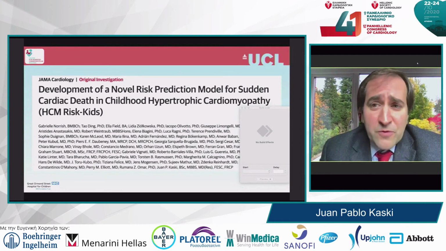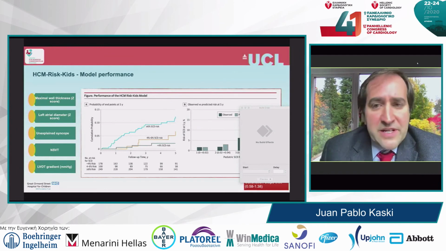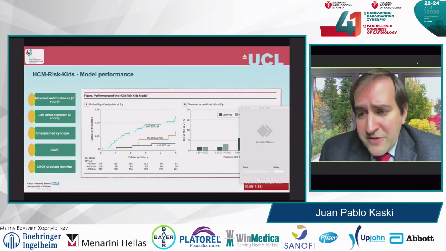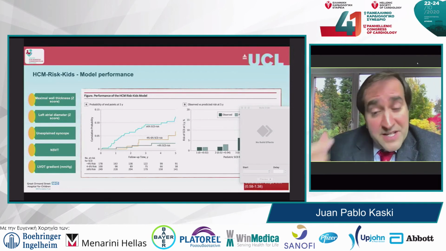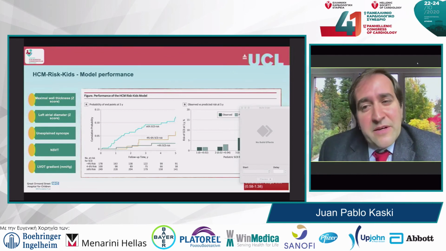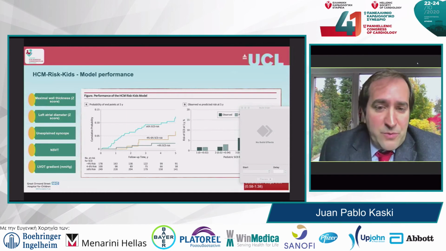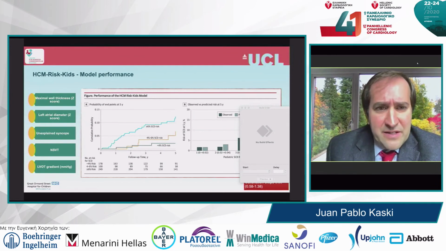This is a novel risk prediction model for sudden cardiac death in a pediatric population using predetermined clinical parameters: maximal wall thickness, left atrial size, syncope, non-sustained VT, left ventricular outflow tract obstruction. And we were able to show that this model actually predicts risk of sudden cardiac death at 5 years reasonably well, so very similar statistical values to those that we have in the adult model. And we're now in the process of externally validating this and seeing if we can refine it by adding additional parameters.